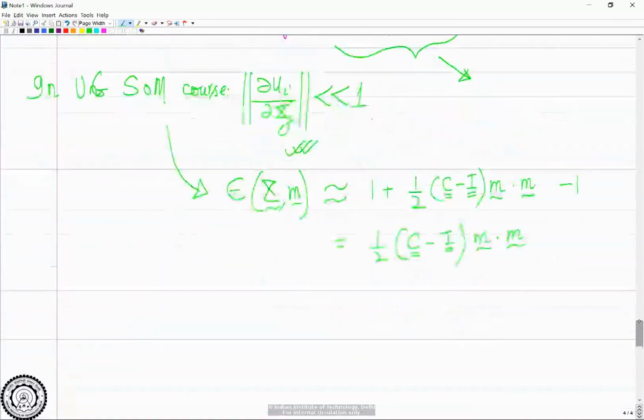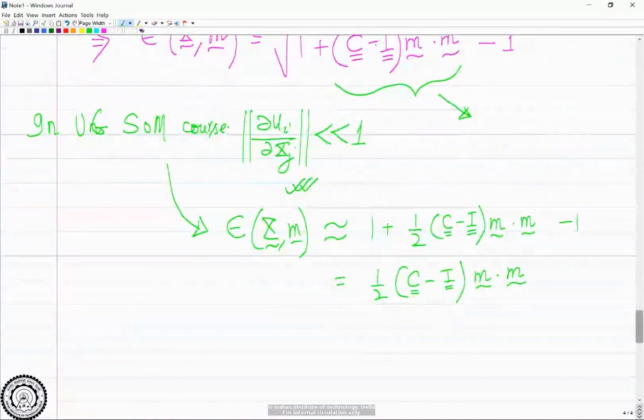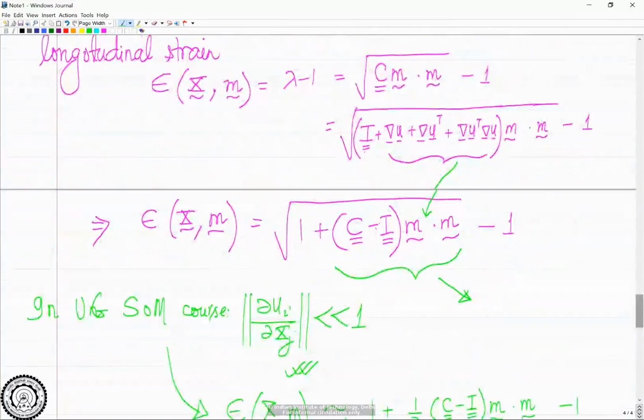Furthermore, because the displacement gradient is very, very small, the quadratic combinations will be even smaller. So from this term over here, I can neglect the quadratic term.